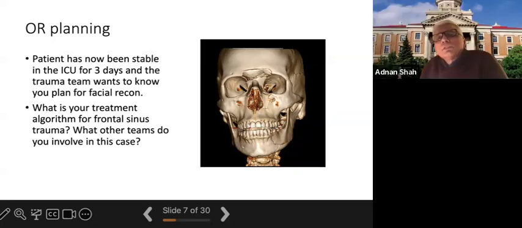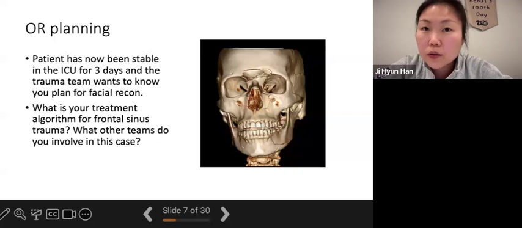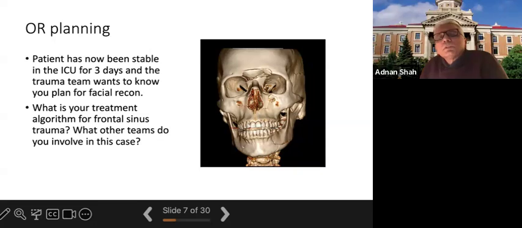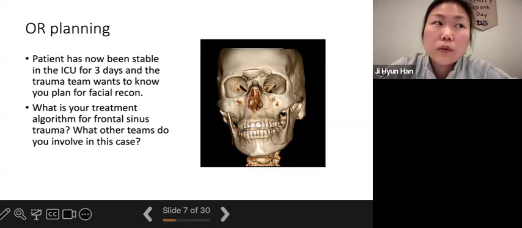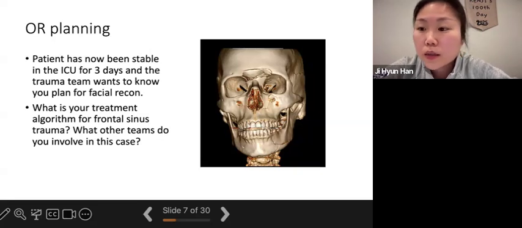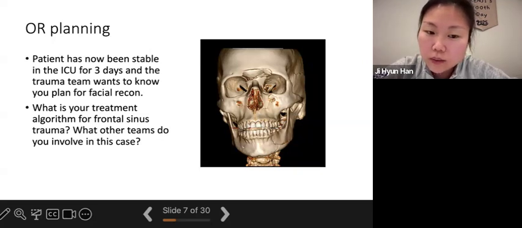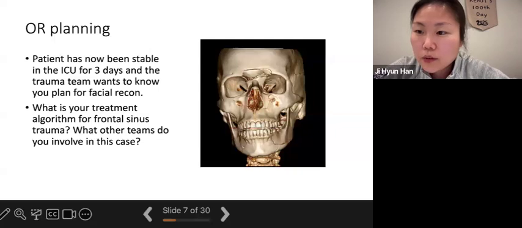And what do we do with the sinus itself? Cranialization involves obliteration as well. Give me the steps. How would you do an obliteration? You would map out where the frontal sinus is, take off the anterior table, then remove all the sinus lining. Neurosurgery would then approach the posterior table to take out all the fractured components and do their cranialization.